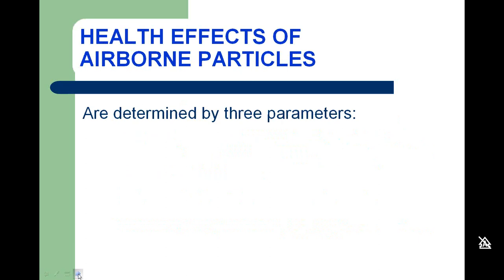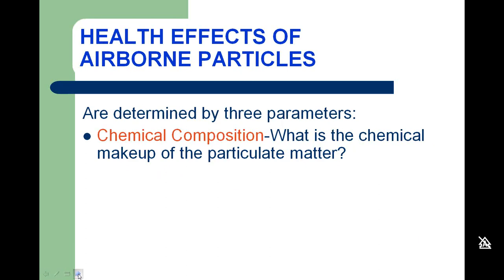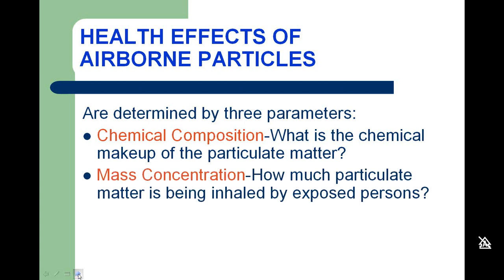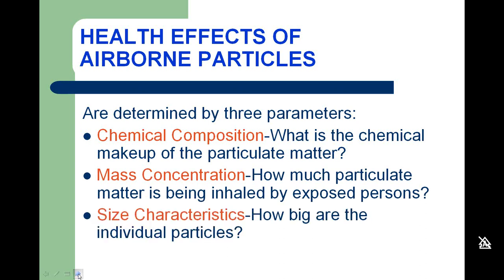Health effects of airborne particles are determined by three parameters. First, the chemical composition. What is the chemical makeup of the particulate matter? Secondly, mass concentration. How much is being inhaled by exposed individuals? And finally, size characteristics.